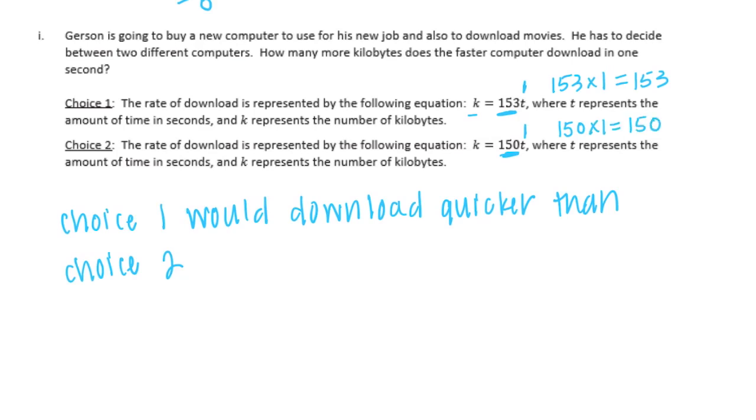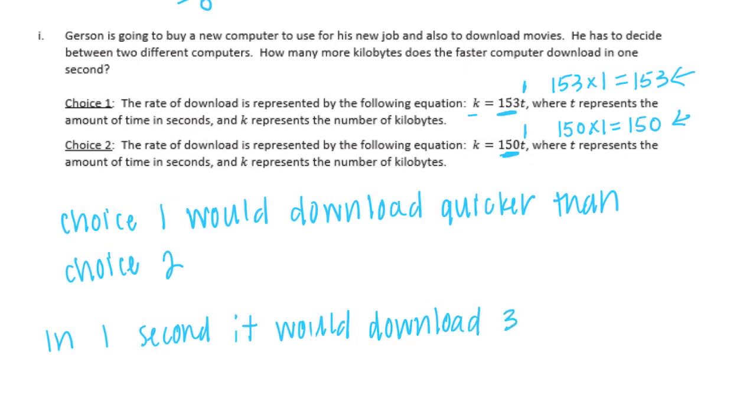So you can see in 1 second, it would download 3 more kilobytes than choice 2.